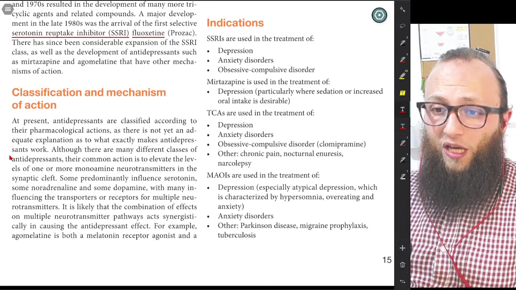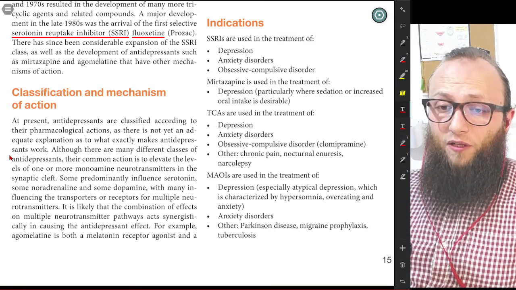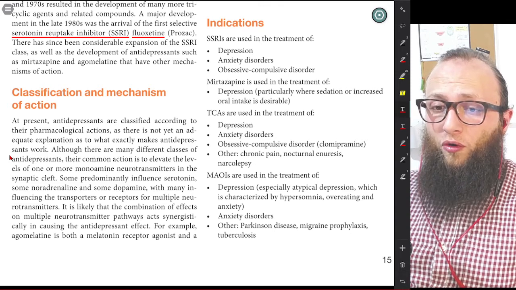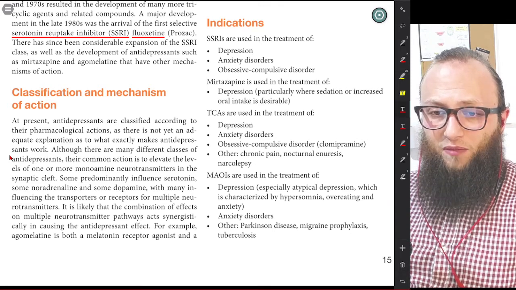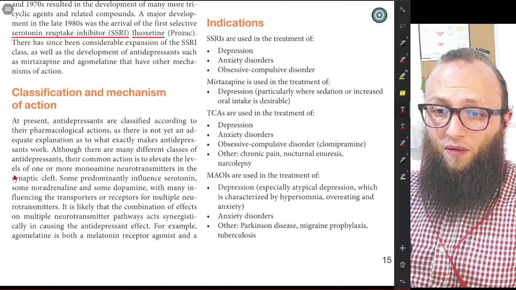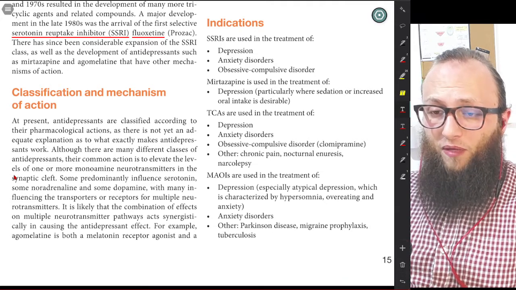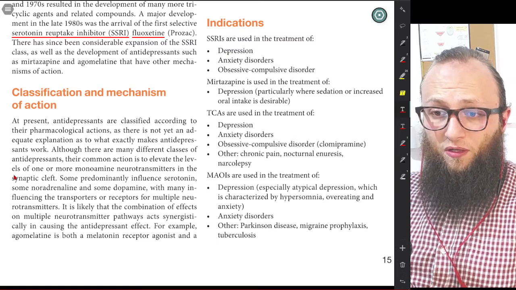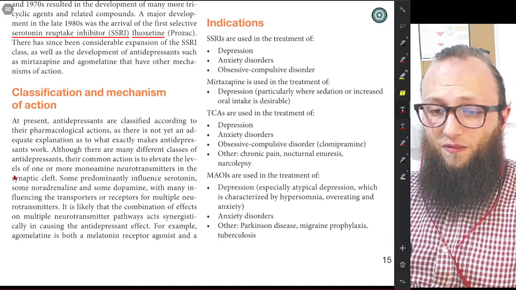This is the common action, to elevate the levels of one or more monoamine neurotransmitters in the synaptic cleft. Some predominantly influence serotonin, some noradrenaline, and some dopamine, with many influencing the transporters or receptors for multiple neurotransmitters.